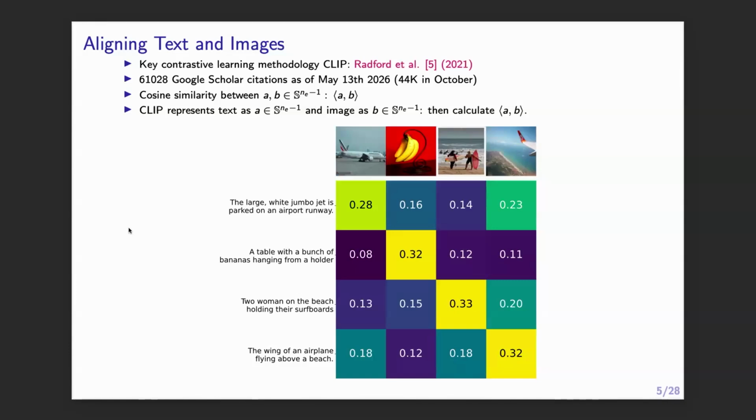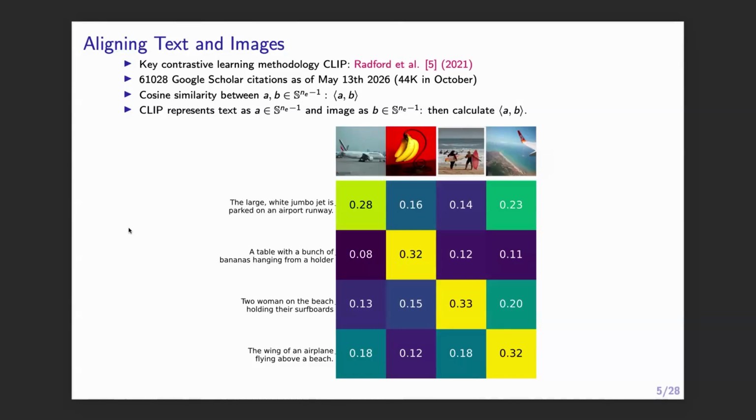So between, for instance, text like "a large white jumbo jet is parked on an airport runway," and a picture like the one here in this first column, this methodology builds a model that can output a number, in this case 0.28, a number between 0 and 1, that says that these two different representations are more similar to each other than this text is to, for instance, this image of bananas on some holder.